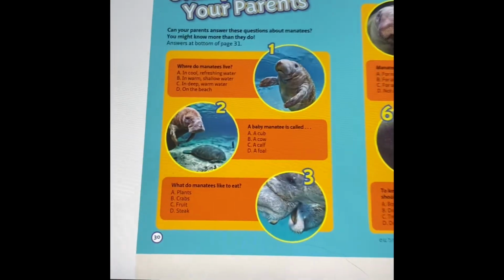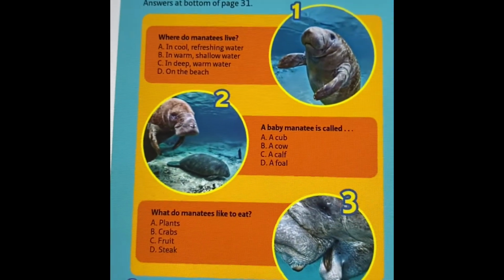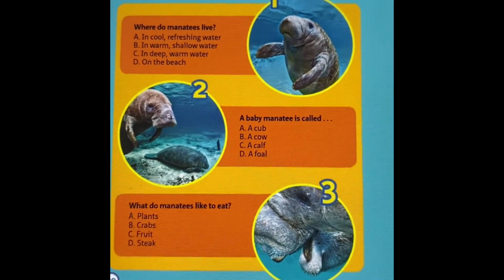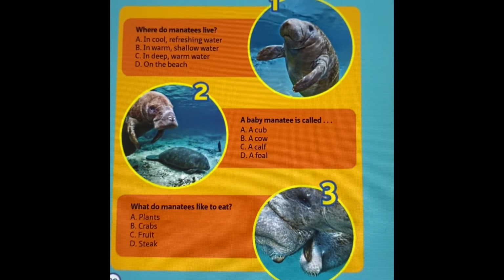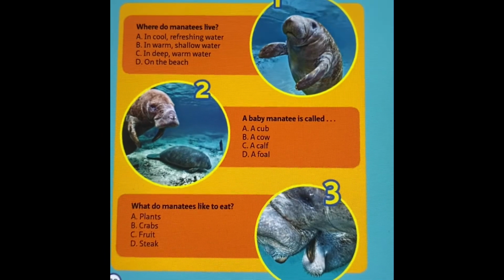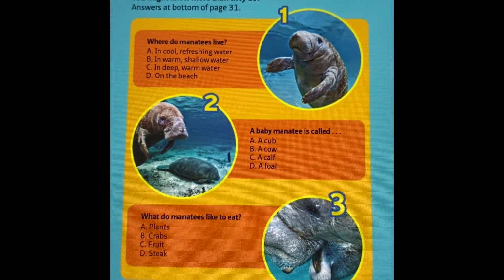So here's just some questions you can ask your parents and see if they know. Where do manatees live? In cool, refreshing water, in warm, shallow water, in deep, warm water, or on the beach? And they live in warm, shallow water. A baby manatee is called a calf.